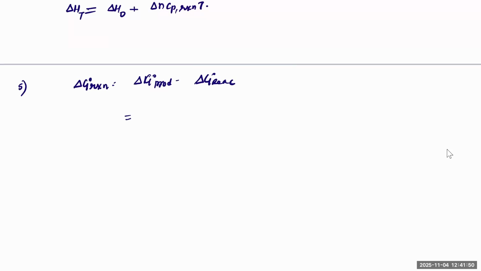And this delta G of products can also be written as delta H naught of products minus T delta S naught of products. This entire thing minus, right, this is of reactants, delta H naught of reactants minus T delta S naught of the reactants.